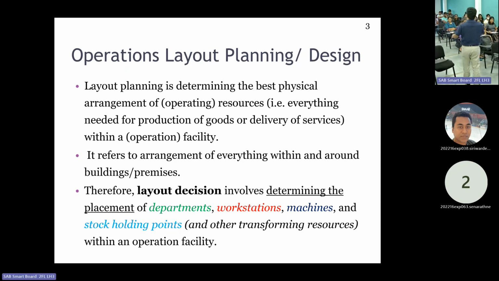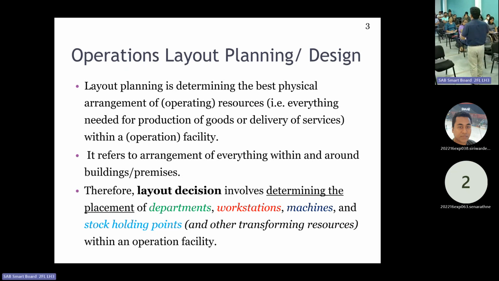So in a manufacturing setup or manufacturing organization, a factory, inside the factory buildings, where to place which processing step, where to place which workstation, where to place which machine in such a way that operations can be smoothly performed. So deciding that physical resource arrangement is what we call facility layout plan.